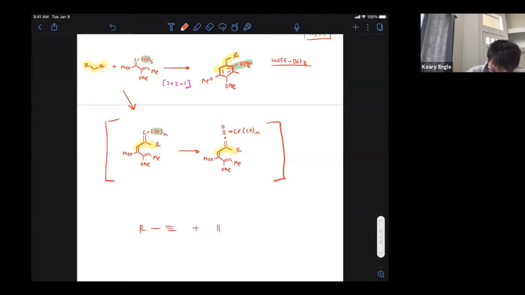If people have attended boot camp, you've maybe already seen this, where you add this group to one carbon, and then this group to the other carbon. So that's the product of a 2+2, retro 2+2 across an alkyne.